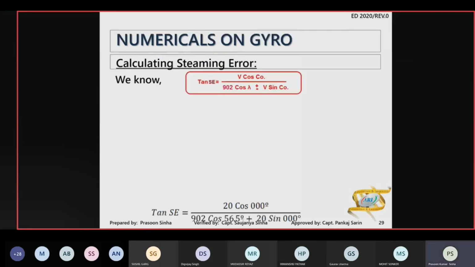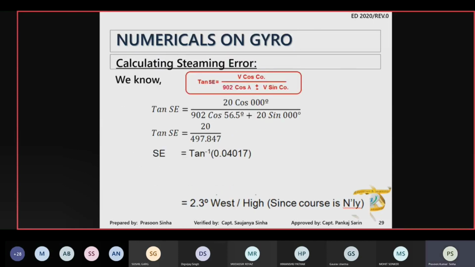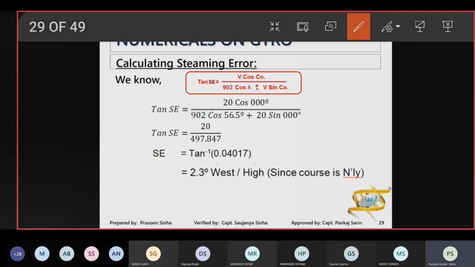Then we also calculated the SE, steaming error. Since we were doing 60 to 53 south, the course was northerly, 000 degrees. On northerly courses, the error is westerly.